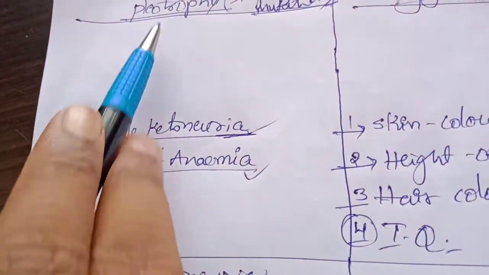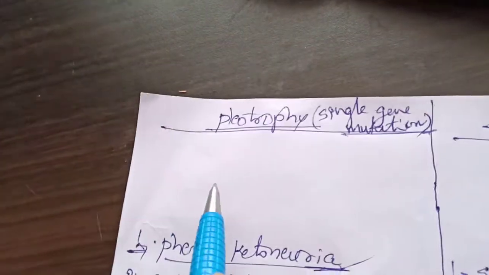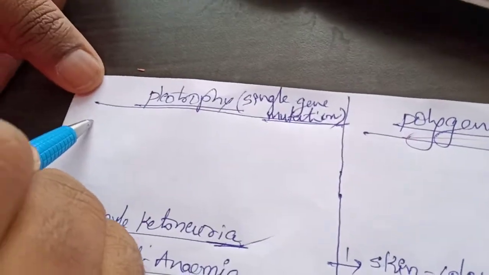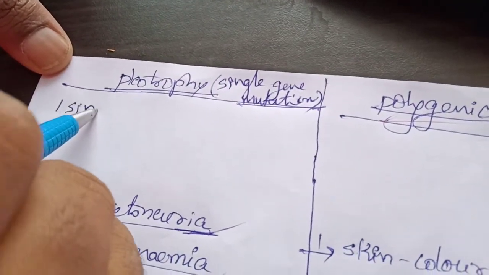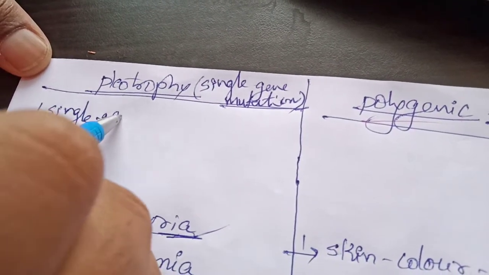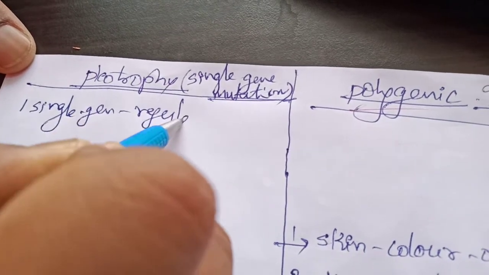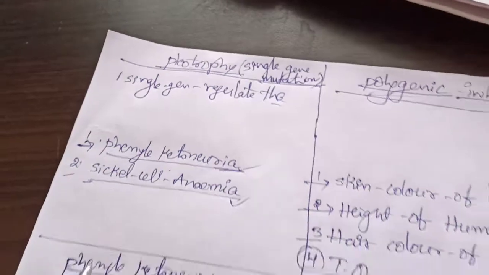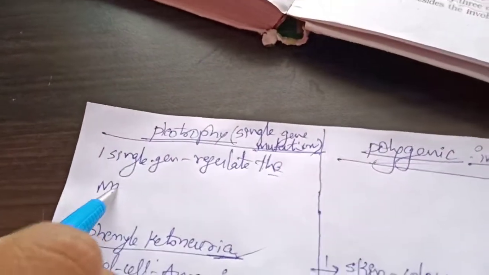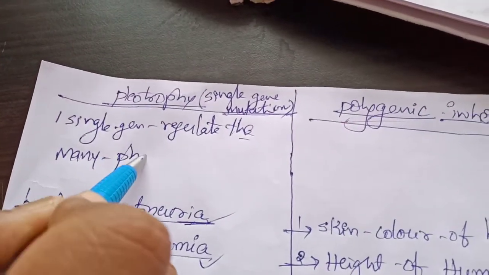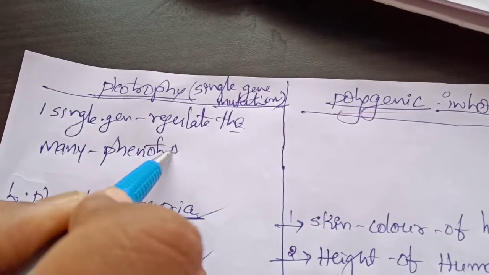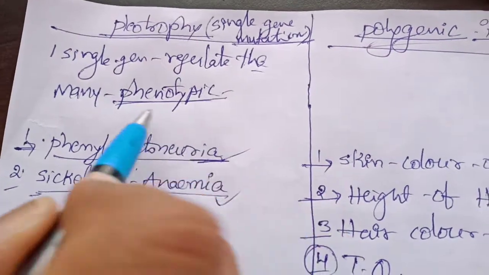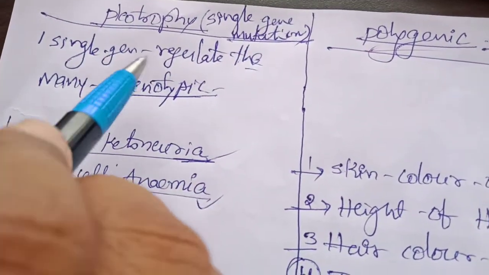Pleiotropy means a single gene regulates many phenotypic characters. This we can call pleiotropy.